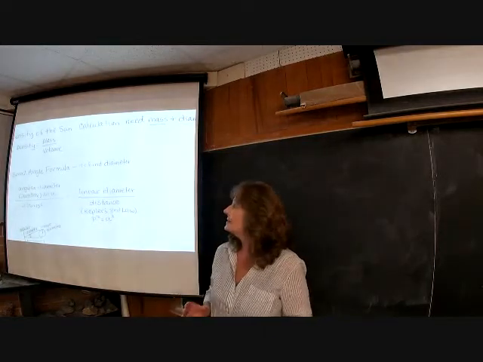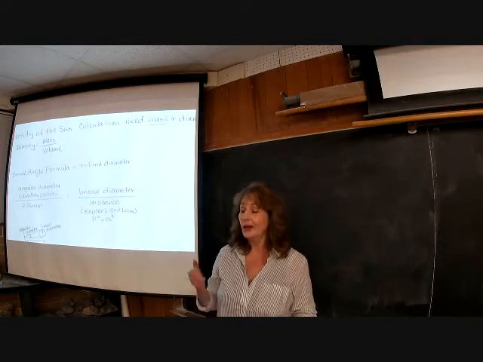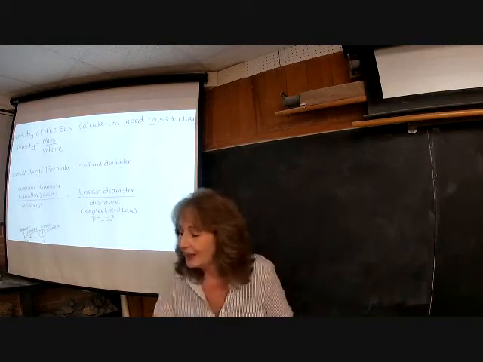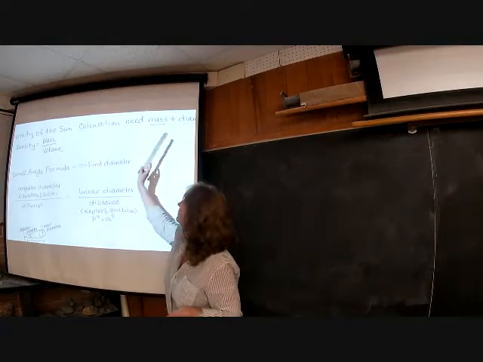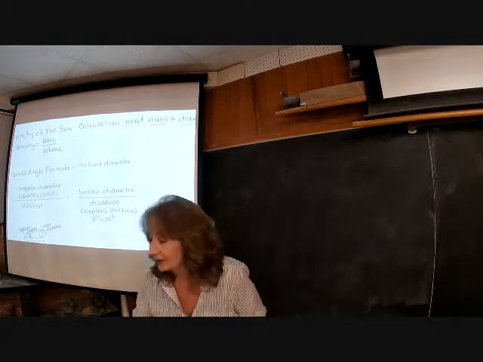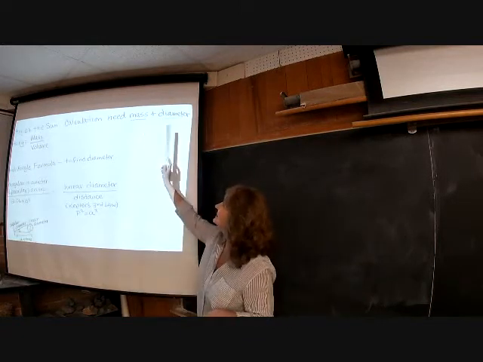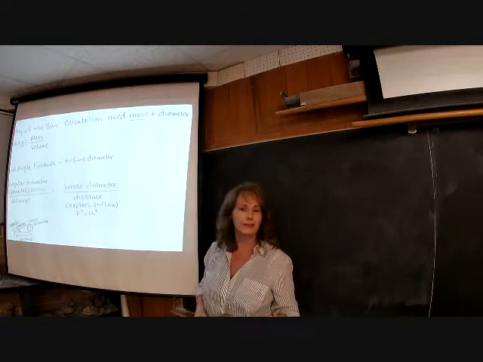To get at the density, which is mass per unit volume, you need, of course, the mass. That's the top number. And in order to get the volume part, we end up needing the diameter. So let's see how we're going to go about that. We need the mass and the diameter, because from the diameter, we can get volume.